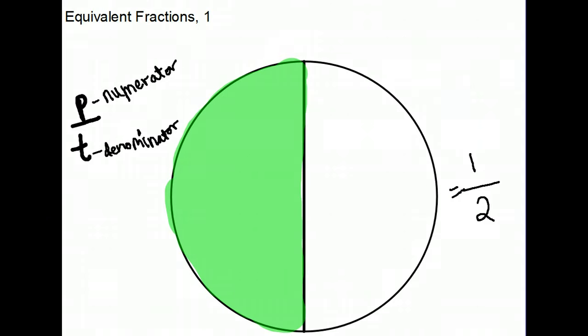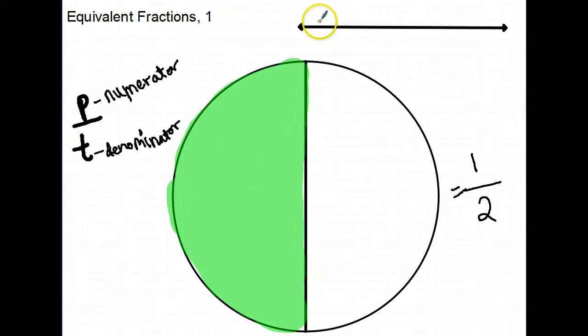Now here's where things get a little bit interesting, and here's where we have to understand a little bit about equivalence. Let's take a look at the value of the fraction that we've just illustrated and written down. Let's see what it means in terms of a number line.